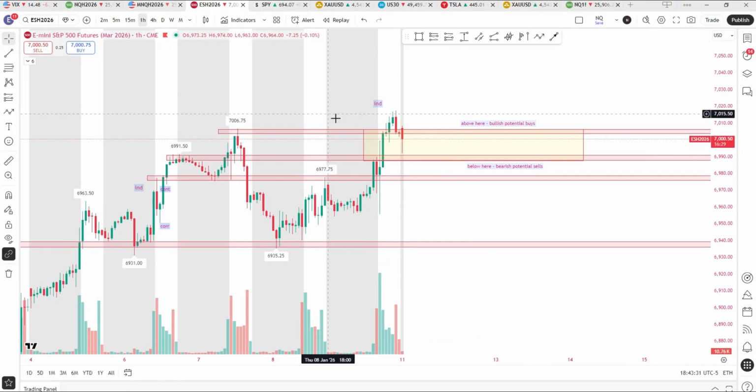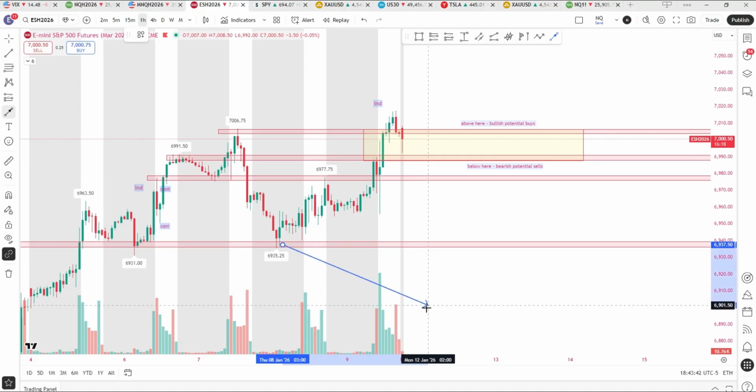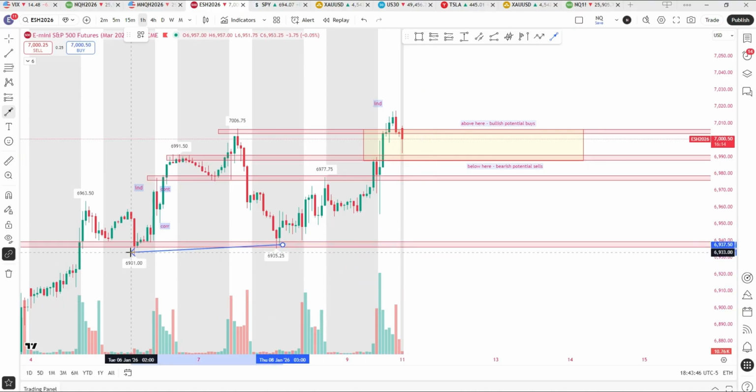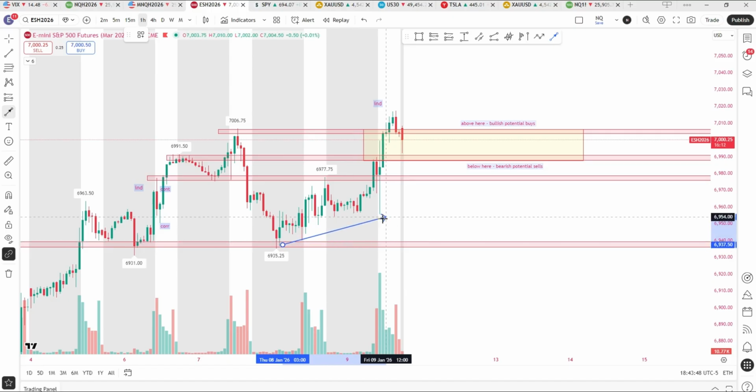However, my invalidation point would be this swing low over here, where I marked this red line. It's the invalidation point where if price breaks under this point, then we're considered to be bearish. But as long as this swing low holds, we can still be looking for some deep opportunities to buy.